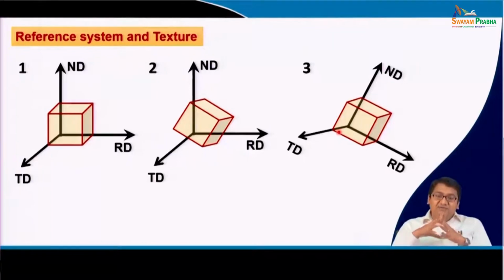Therefore, as the texture is the relationship between important crystal directions and planes with respect to important sample directions and planes, the texture of the third example is basically equivalent to the texture of the first example, whereas the texture of the second example is different from the first and the third.